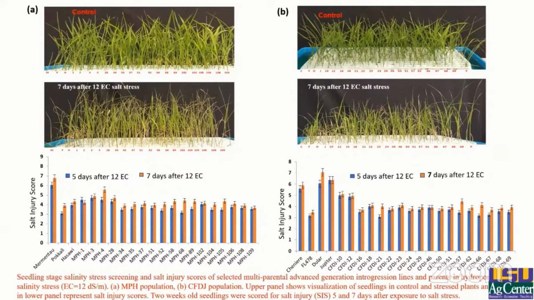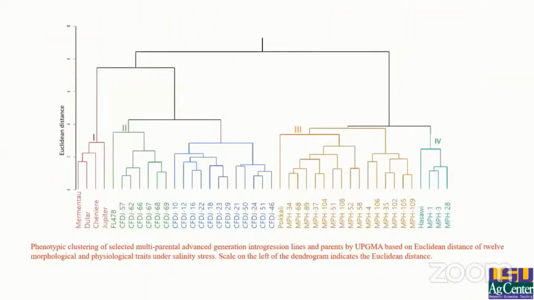In the CFCD population, the selected lines' salt injury score is almost near the donor FL478, so we can say those lines are phenotypically associated with the donor parents.